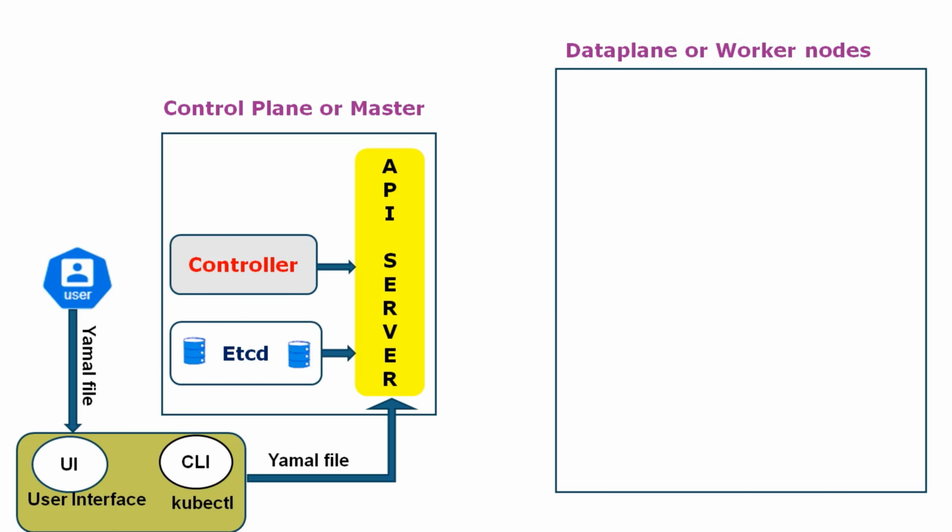Now, as soon as it finds there are no containers in the actual state, the controller will create some information, which we will call a workload. Workload means it will have to create containers. So where will it create them?